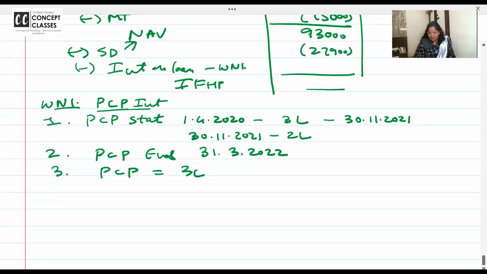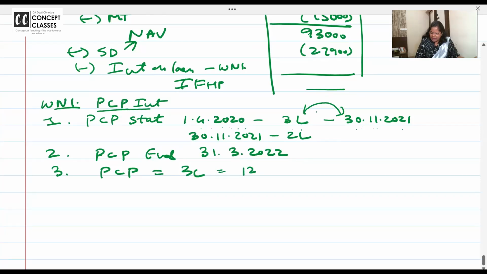1st April 2020, the 3 lakh loan is repaid on 30/11/21 prior to the completion of construction. Repayment of loan or completion of construction, whichever is earlier. So for 3 lakh, what is the pre-construction period?